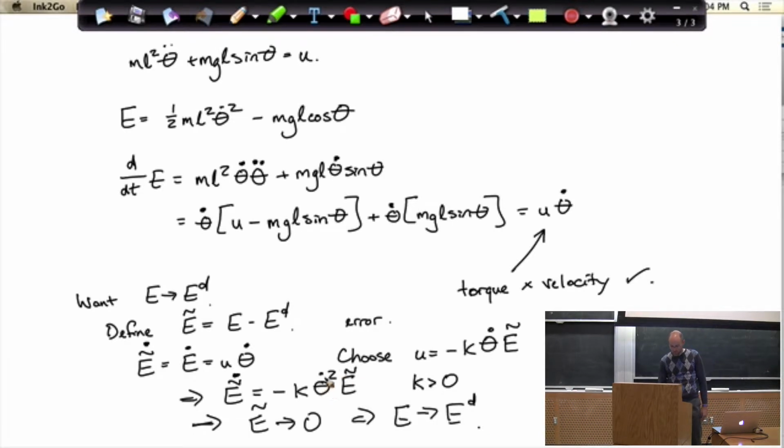As long as I don't stay with theta dot equals 0, right? We'll write that more carefully soon, but let's just get the idea across. So, okay, if I start here in the downward configuration, then I'm going to stay there, because theta dot equals 0, I'm never going to get out of it. But for any other initial condition, I'll have some theta dot. Even if theta dot goes to 0 temporarily, it's going to come back out, and so theta dot won't stay 0. I'll regulate my system, and I'll have some control that will drive my energy towards energy desired.